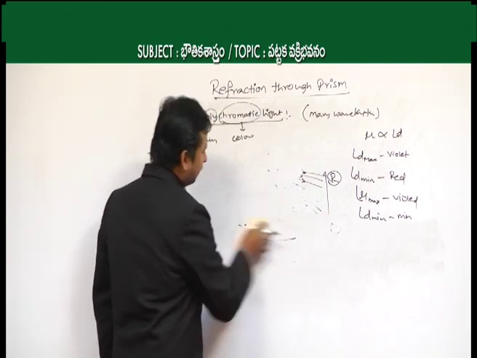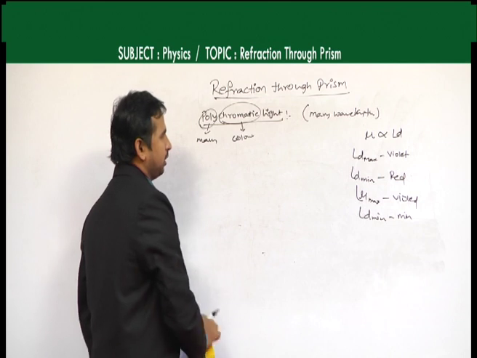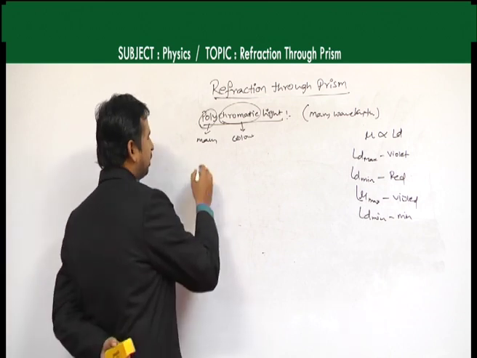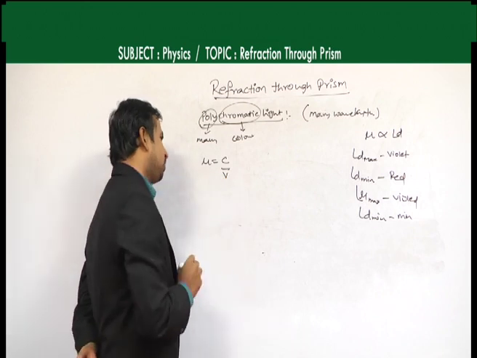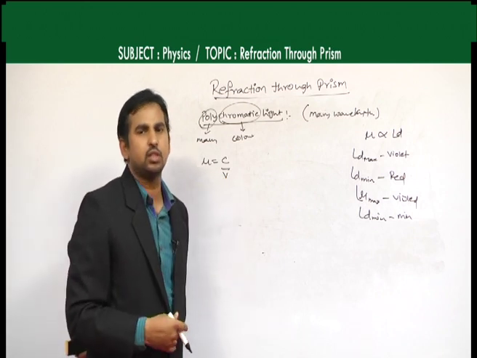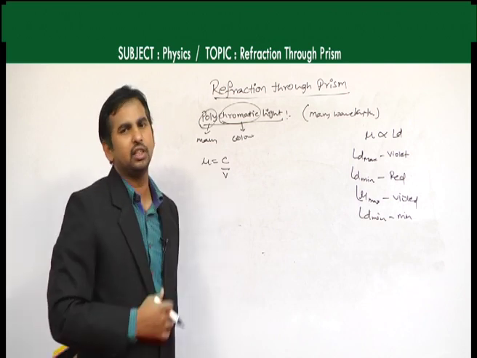But our refractive index is also related to the velocities. For example, we know that mu is equal to c by v, where mu is the refractive index, c is the speed of light in vacuum, and v is the speed of light in the given medium.